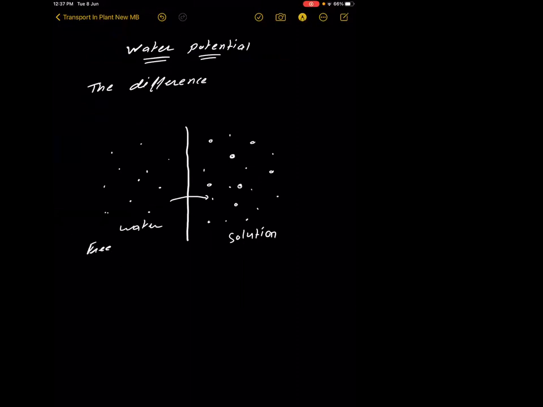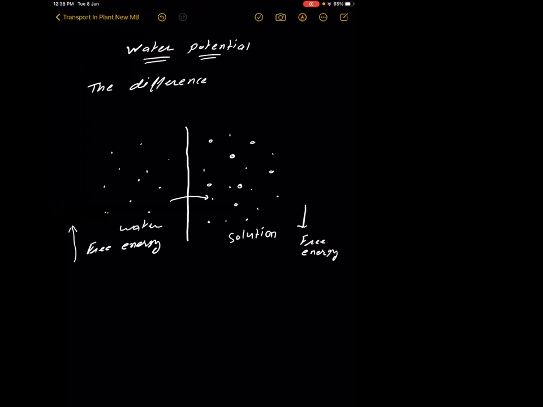These molecules have more free energy. But this free energy is decreased if you add some solutes in water. So this free energy is decreased as compared to the pure water.